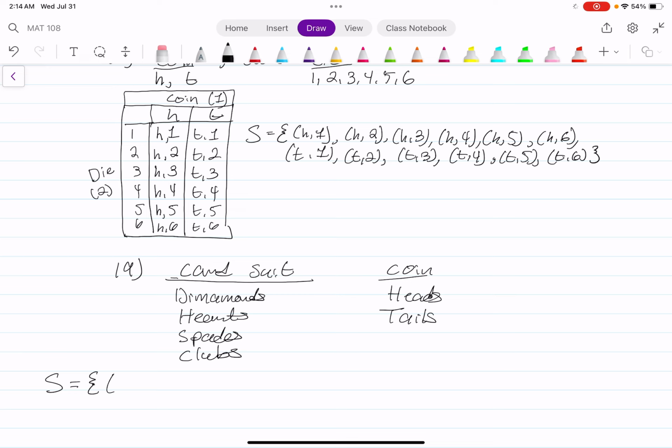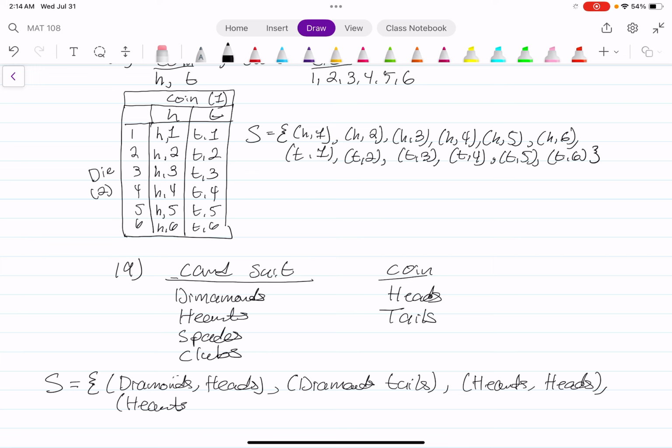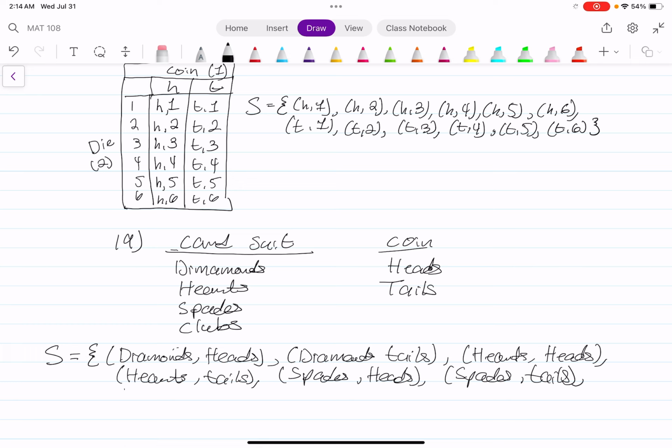So that's going to be the outcome of diamonds, heads, diamonds, tails, hearts, heads, hearts, tails, spades, heads, spades, tails, clubs, heads, clubs, tails.